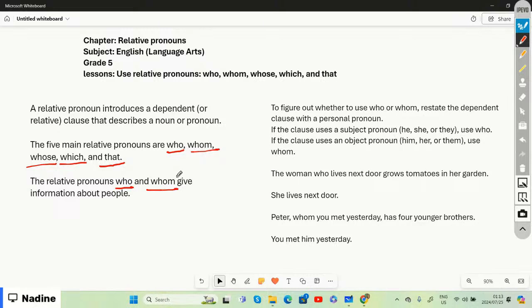And when we try to figure out when to use who and when to use whom, we just have to restate the dependent clause with a personal pronoun.